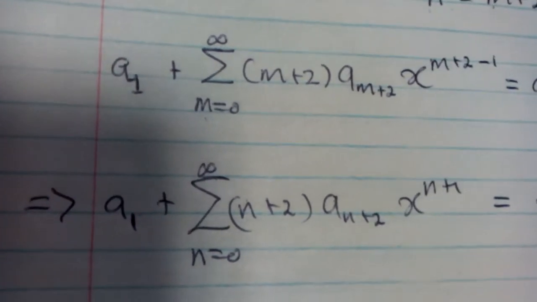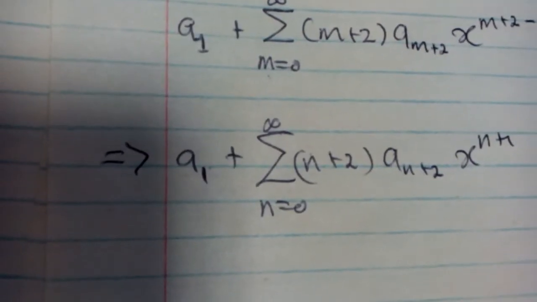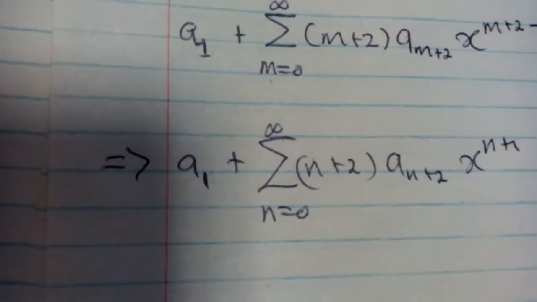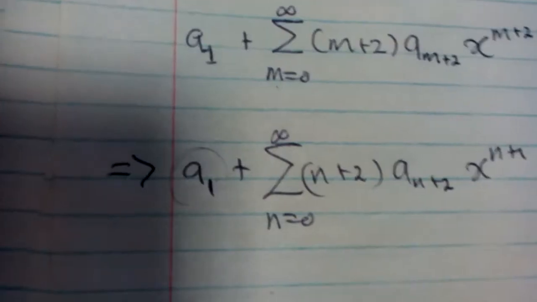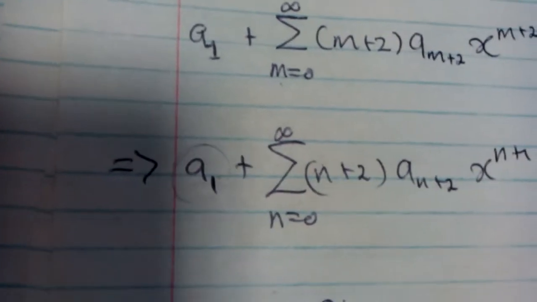Right, note that there are no constant terms on the right hand side, so this implies that my a1, this term here, is nothing but equal to 0.